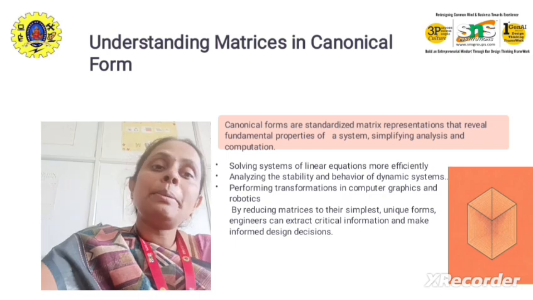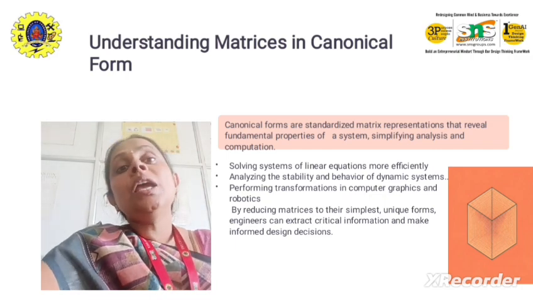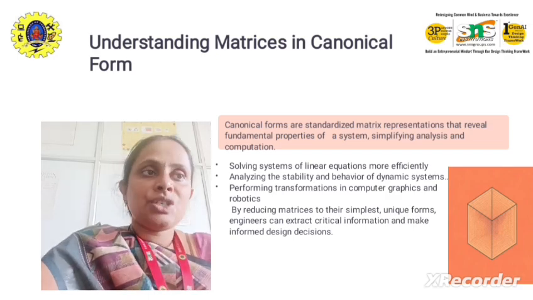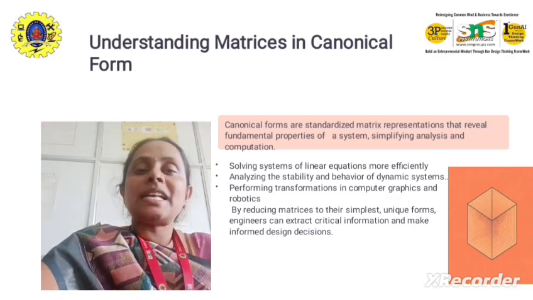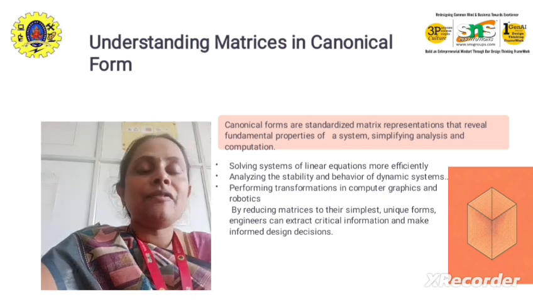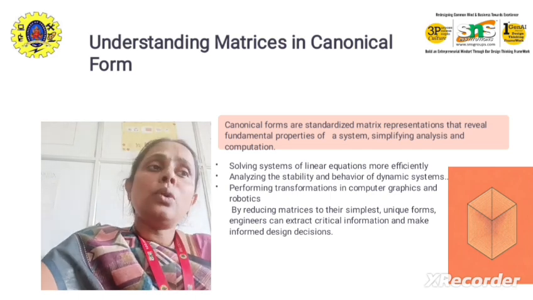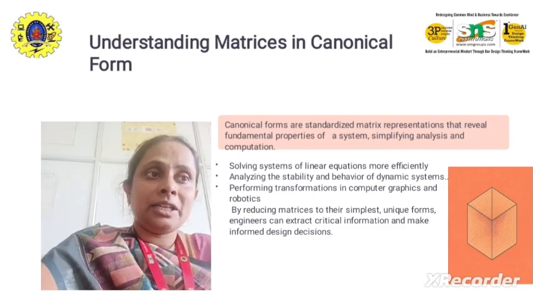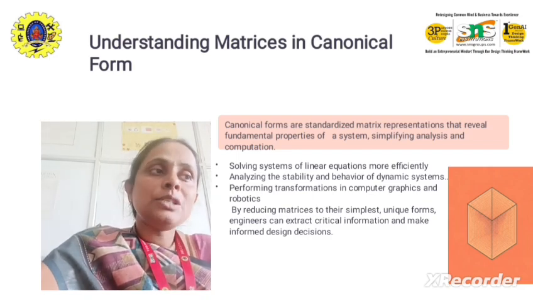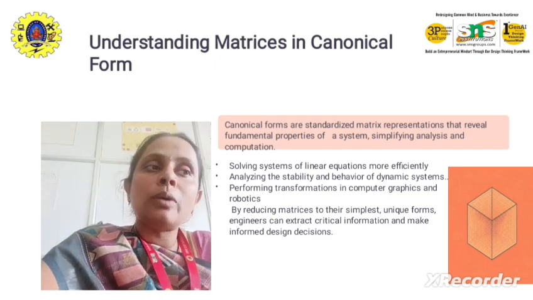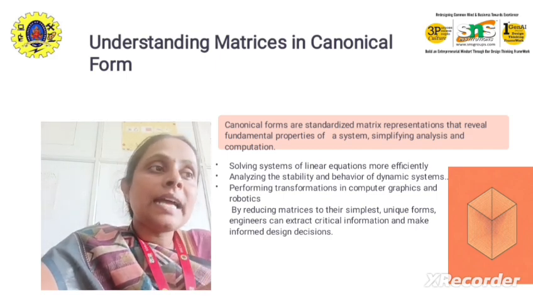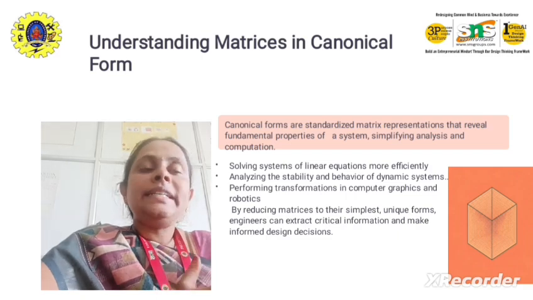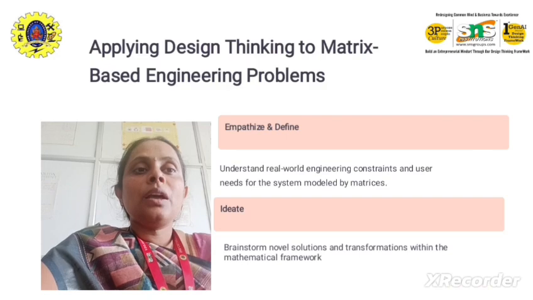They are used in solving linear and non-linear equations, and also in performing transformations in computer graphics and robotics. By reducing matrices to their unique forms, engineers can extract critical information and make informed design decisions.